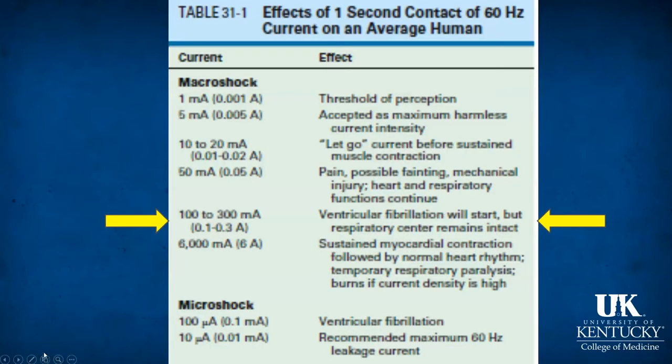Same table as shown a few slides back, just showing you that it doesn't take very much current to cause serious complications of macroshock or microshock, which requires much less current to, for example, cause ventricular fibrillation.